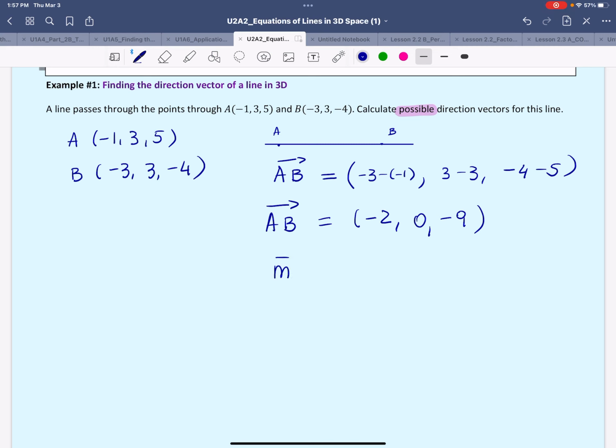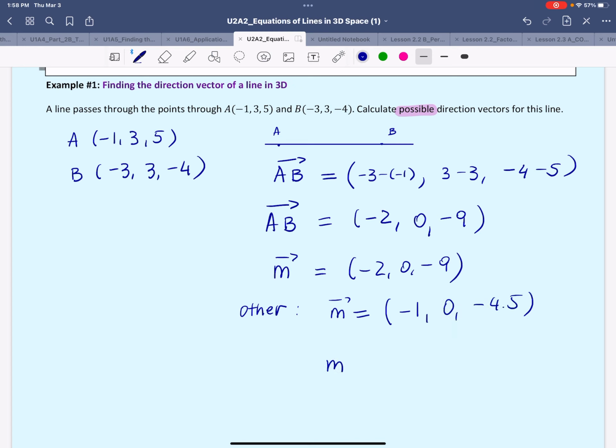We might as well call this the direction vector, (-2, 0, -9). But any multiple of vector AB can be considered as the direction vector of it. So other direction vectors can be, if I divide every coordinate by 2, so I will take half of this direction vector, that's (-1, 0, -4.5).